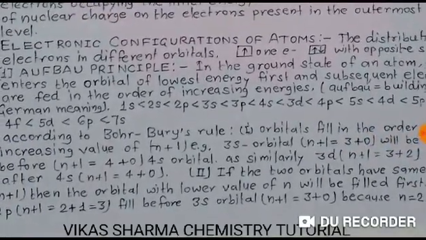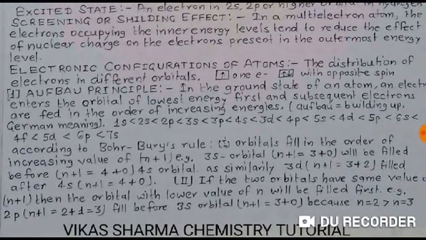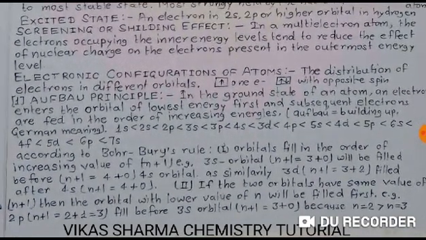So students, according to the Bohr-Bury rule, orbitals fill in the order of increasing value of n plus l. Example, 3s orbital, n plus l is equal to 3 plus 0, will be filled before 4s orbital, where n plus l is 4 plus 0. Similarly, 3d, n plus l means 3 plus 2, is filled after 4s because for 4s n plus l is equal to 4 plus 0, which is 4. If two orbitals have the same value of n plus l, then the orbital with lower value of n will be filled first.